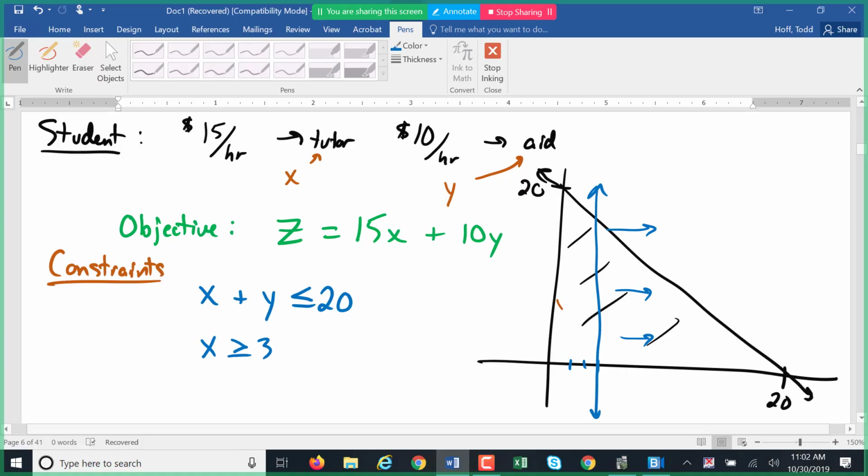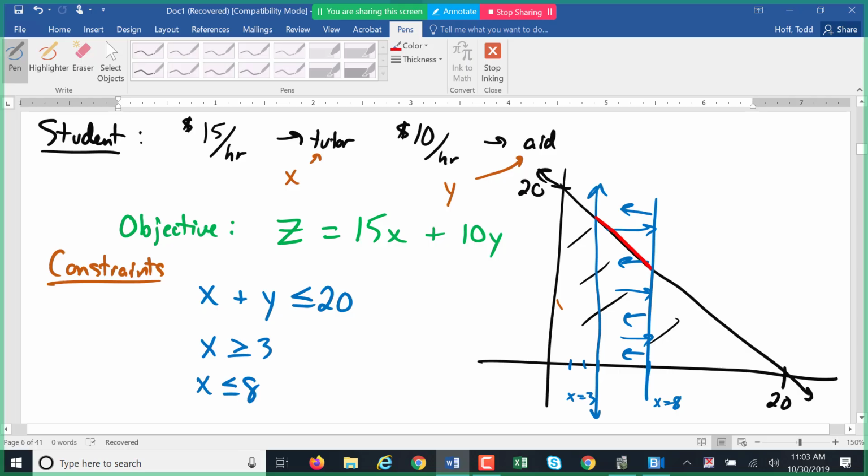The tutoring center requires each tutor to spend no more than 8 hours a week tutoring. So X is less than or equal to 8. So somewhere in here is X equals 8. And it's on this side. So those are the only constraints we have.